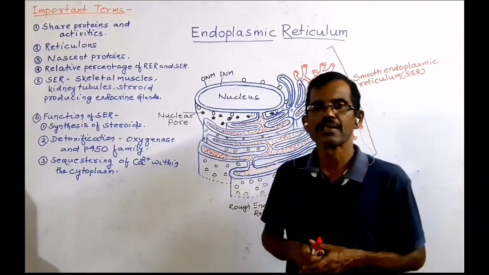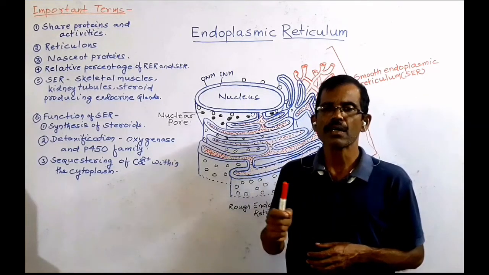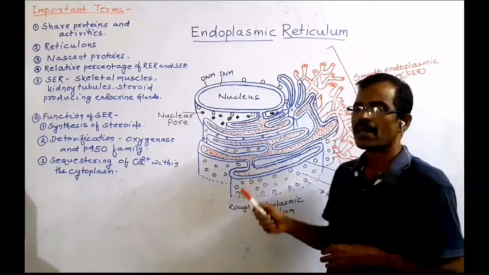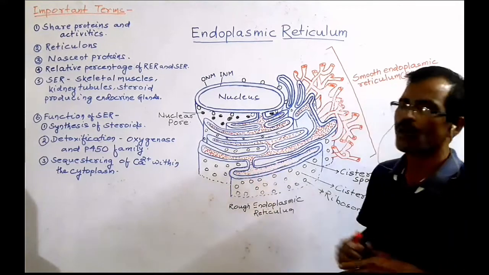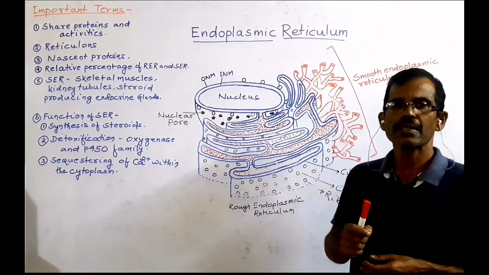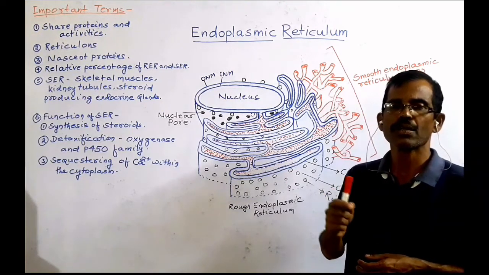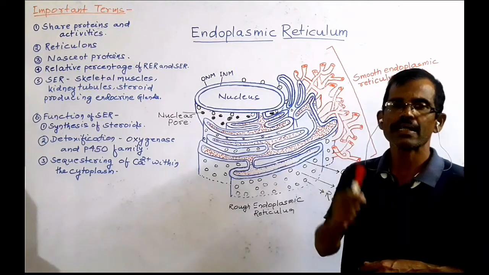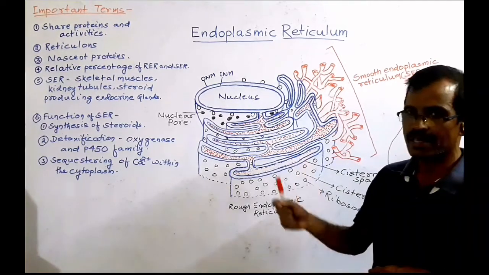In contrast, RER contains very large number of proteins which are involved in the movement of nascent protein into the lumen of RER. The relative percentage of rough endoplasmic reticulum and smooth endoplasmic reticulum in a cell depends on the activities in which the cells are engaged in.